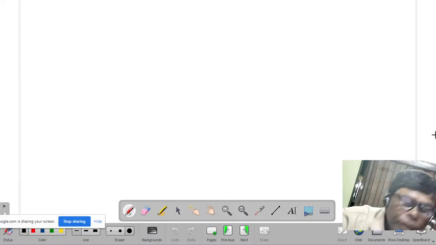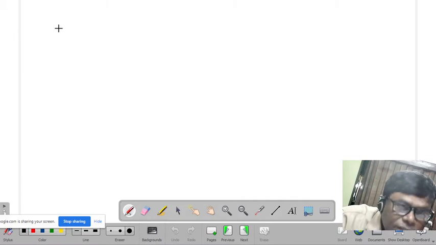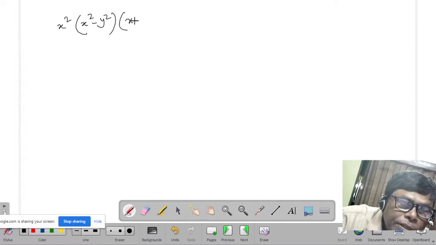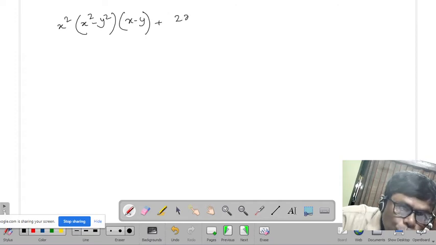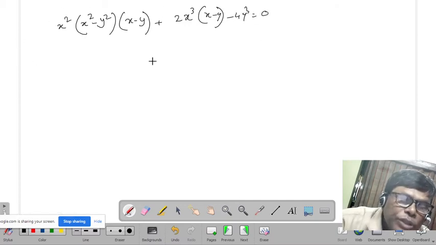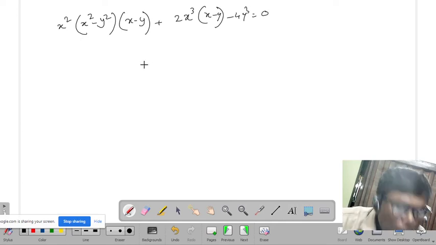Let our equation of the curve be like this: x square into (x square minus y square) into (x minus y) plus 2x cube into (x minus y) minus 4y cube equals 0. This is our equation. So what is the highest degree term here?